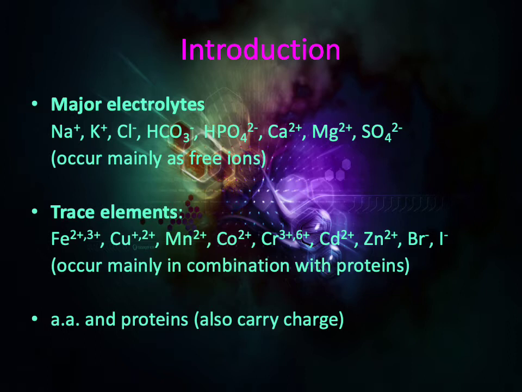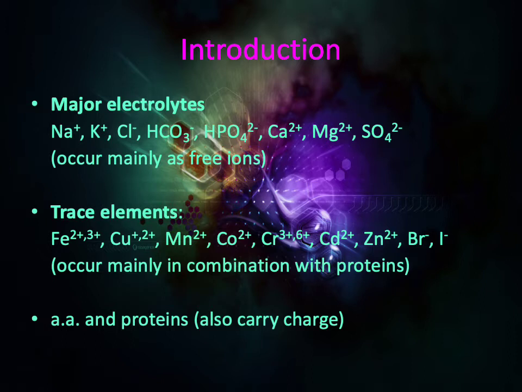There are also electrolytes that we categorize as trace metals or trace elements. These are important as well, but are typically present in much lower concentrations. Deficiencies or excess concentrations of these electrolytes tend to produce effects that are slower to manifest and are more chronic in nature.